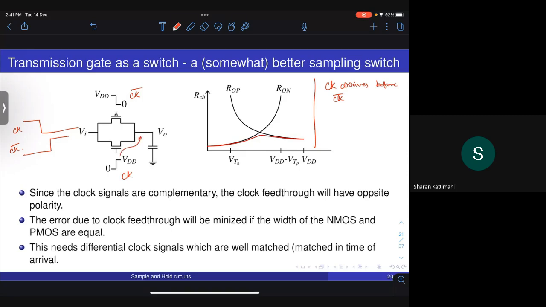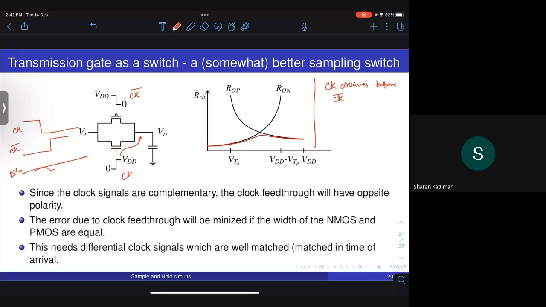So if I see the total charge injected into the output, this will produce an error voltage at the output, which is a negative value, right? The clock is going from on to off, so the voltage will shift downwards, right?